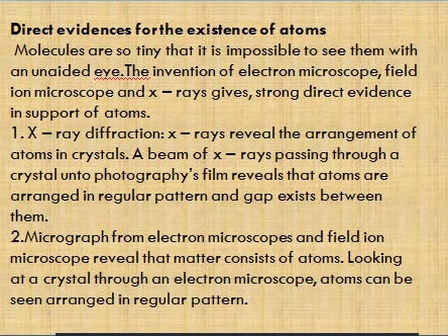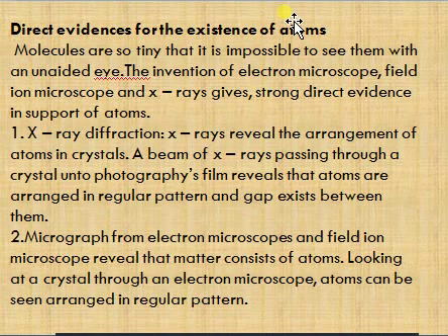So these are the indirect evidence for the existence of what? Atoms. Now we're going to look at the direct evidence. The direct evidence is for the existence of what? Atoms.